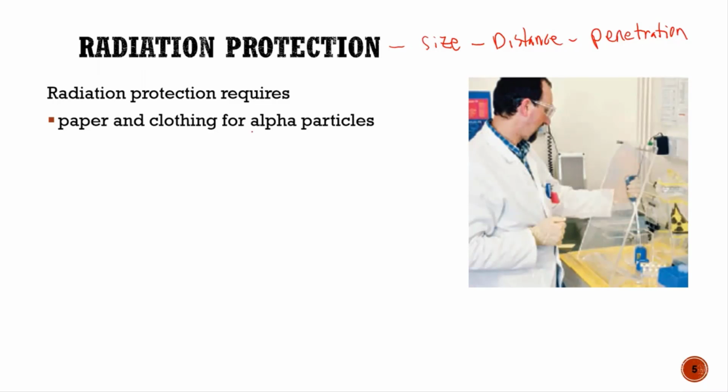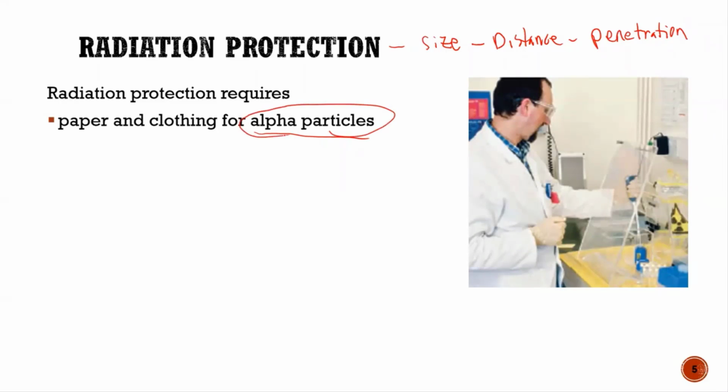So like the alpha particle is the largest of all the radiations. Again, it's like 2 protons, 2 neutrons. That's huge. The beta particle is the size of an electron, which is like 1/2000th of just 1 neutron. So the alpha particle is really big.